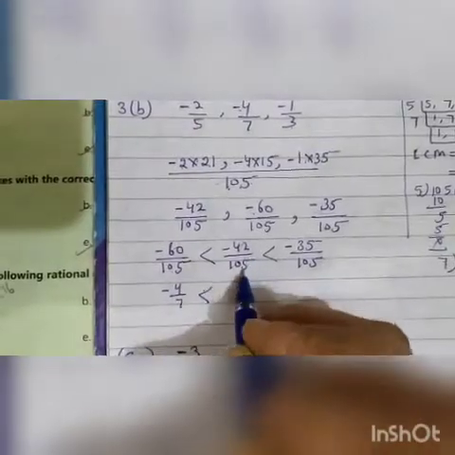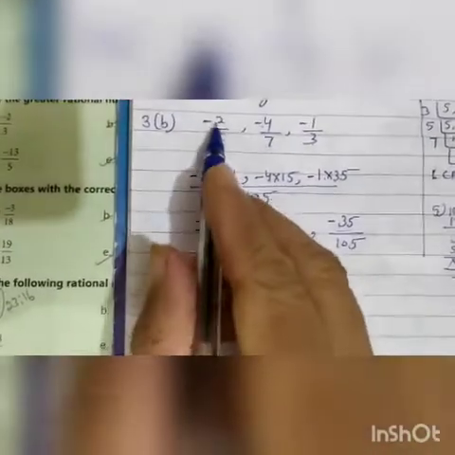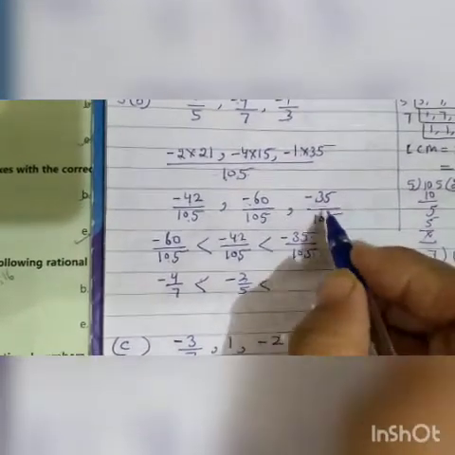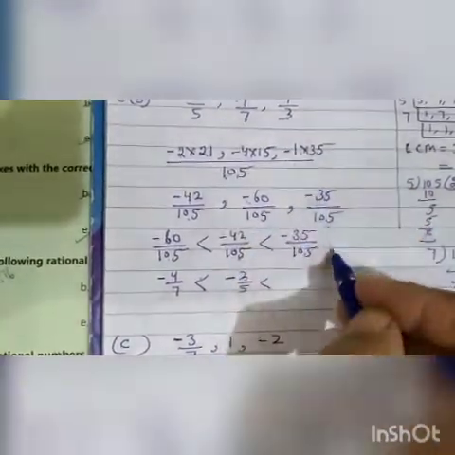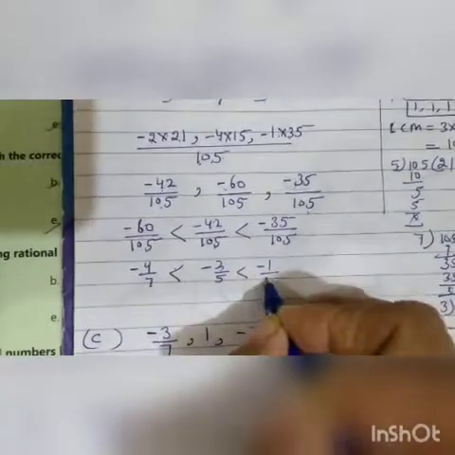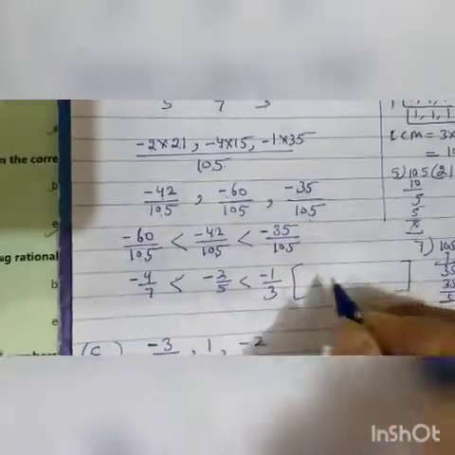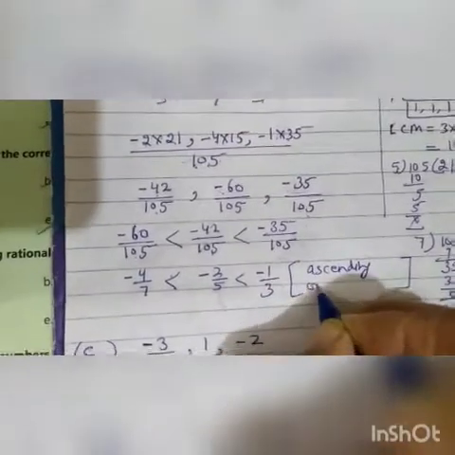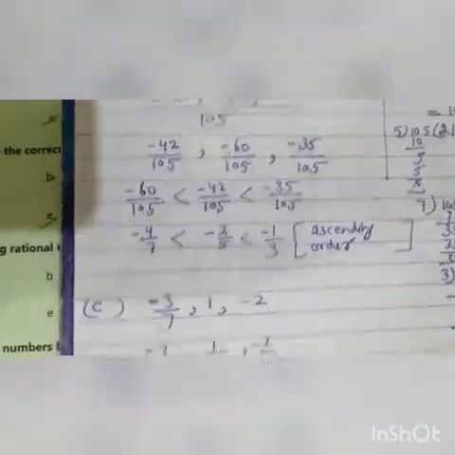Then minus 42 upon 105 means minus 2 upon 5. Then minus 35 upon 105 means minus 1 upon 3. So this is the ascending order of the given rational numbers.